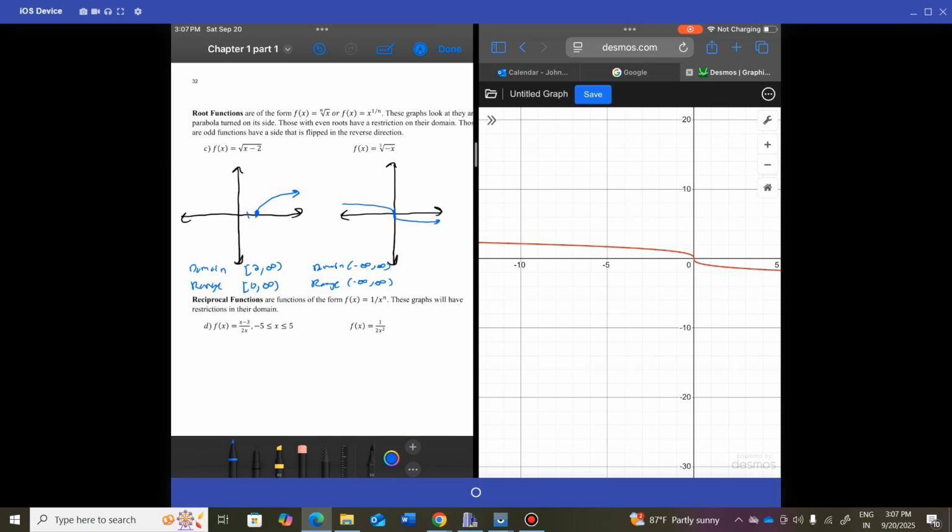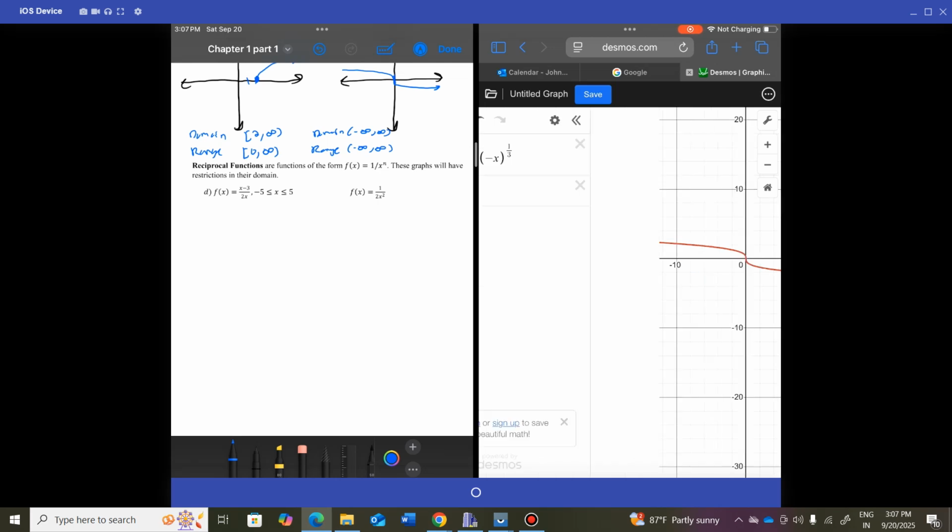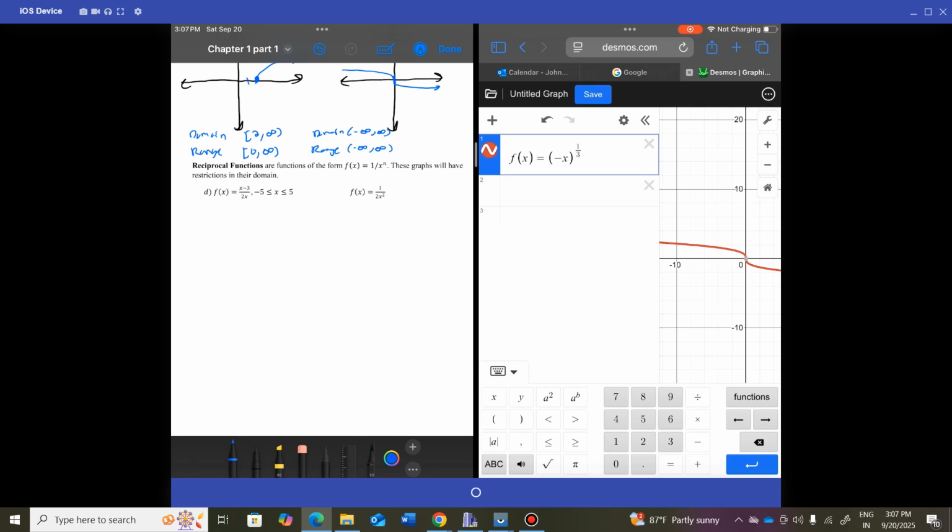We can look at some rational functions. This one gives a domain restriction, but when we graph it, we're going to see that it happens sooner than what the actual restriction is. So let me get it graphed. So x minus 3 divided by 2x.